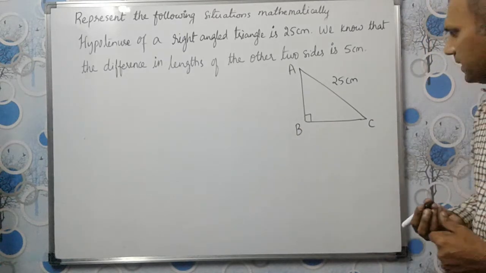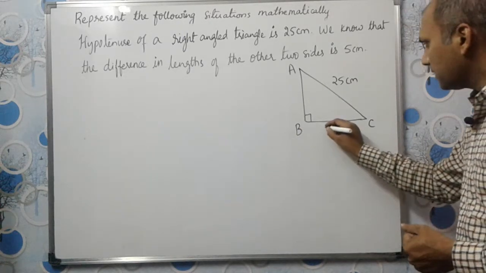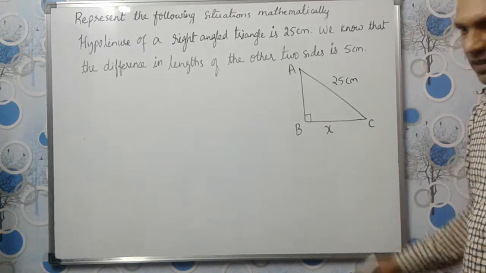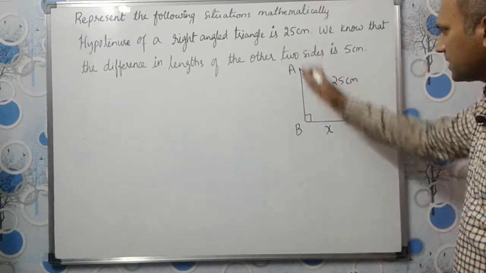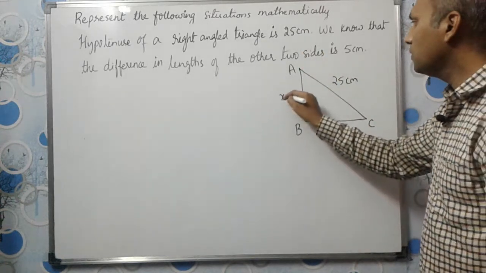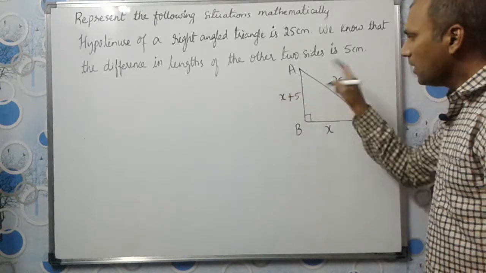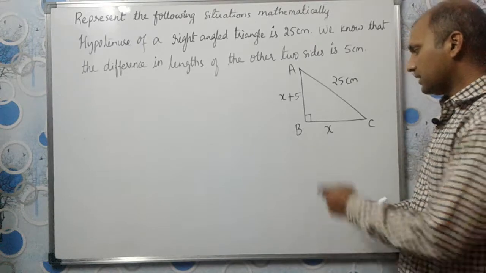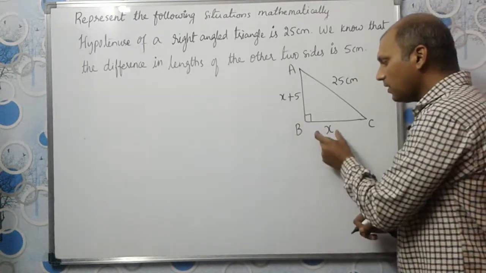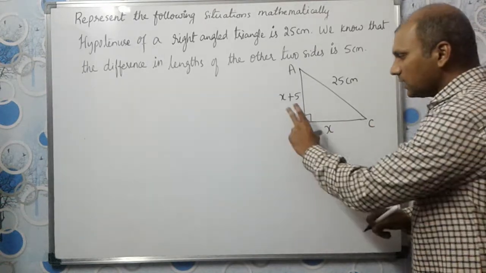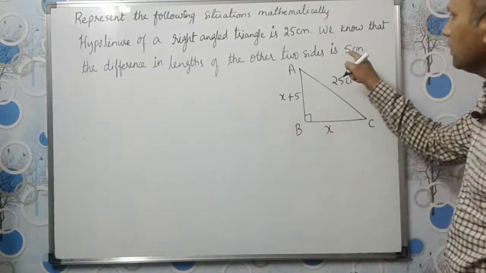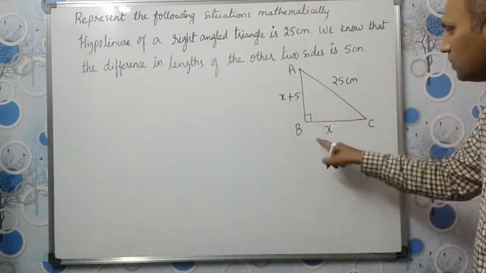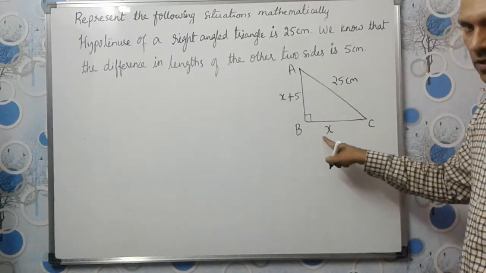So let us take this as x, base as x, and this perpendicular will be equal to x plus 5 or x minus 5. Both are correct. You can take either x plus 5 or x. Now just check, the difference should be equal to 5. If you subtract these two, x plus 5 and x, what should we get?